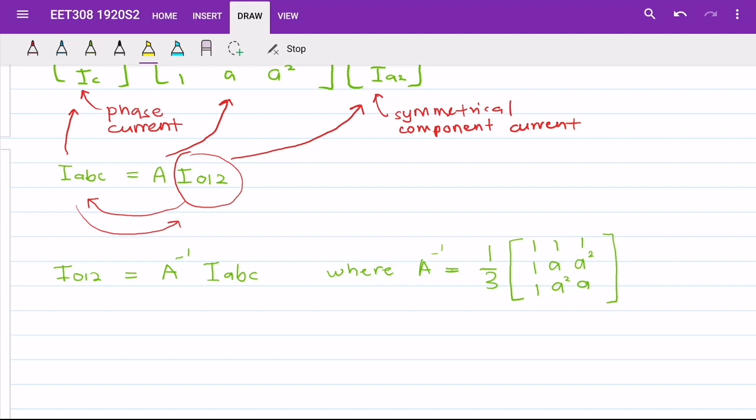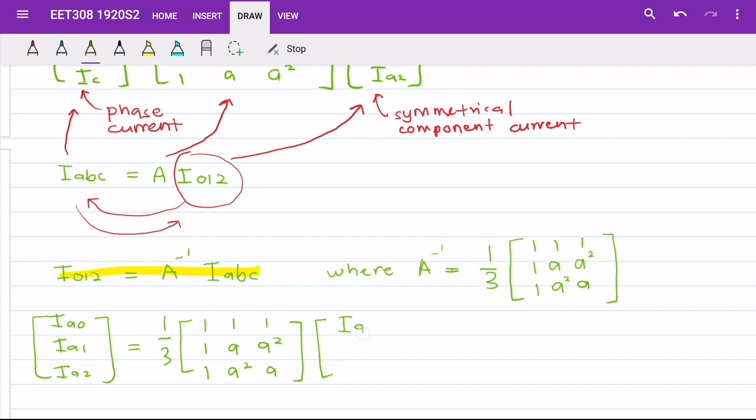Next, we need to expand this single equation into the matrix notation. So the matrix equation we can write as IA0, IA1, IA2 equals A inverse times the phase currents. So this is the matrix equation if you want to calculate the symmetrical component current.